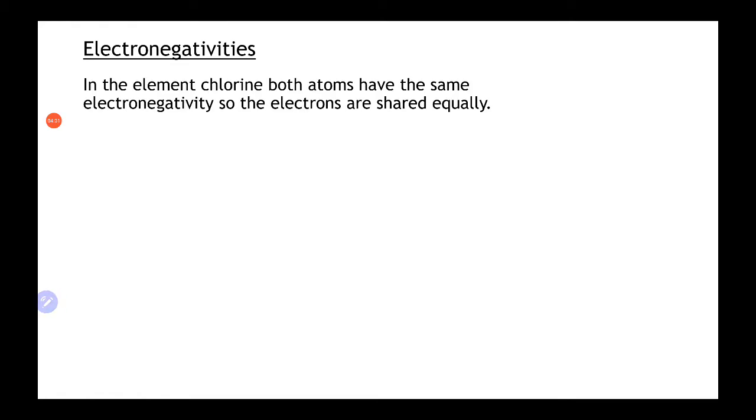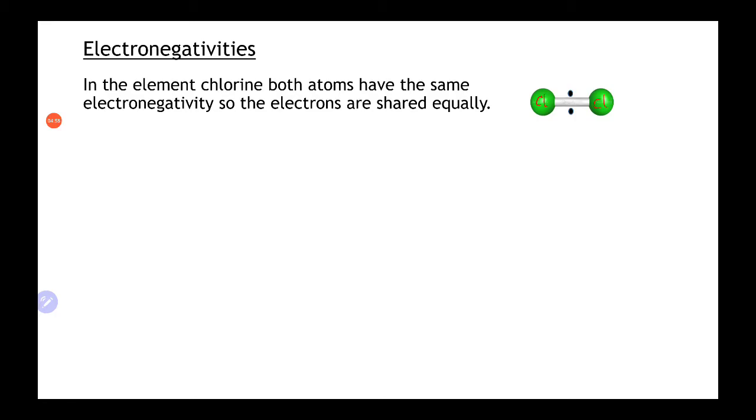In terms of what's actually happening, there are a couple of things which we'll get into in more detail, but imagine we had two chlorine atoms, your diatomic element chlorine. They obviously have the same electronegativity value. So if we had chlorine here and chlorine here, the electronegativity values are exactly the same for both atoms.